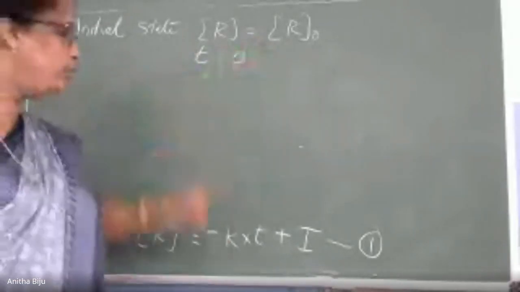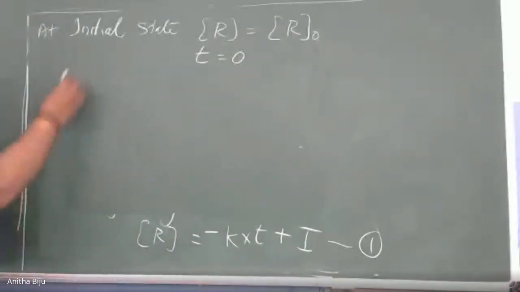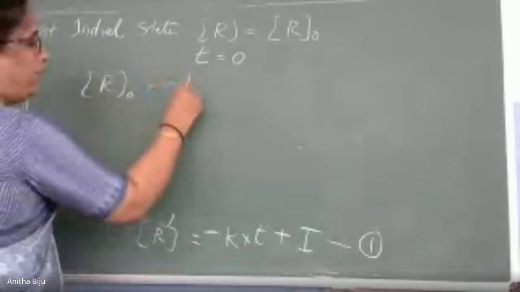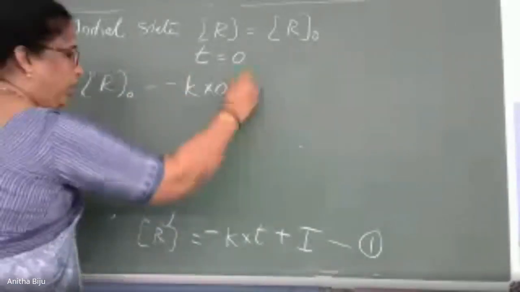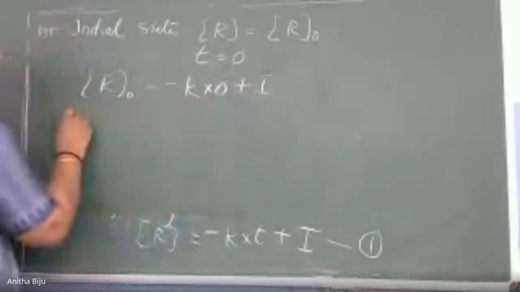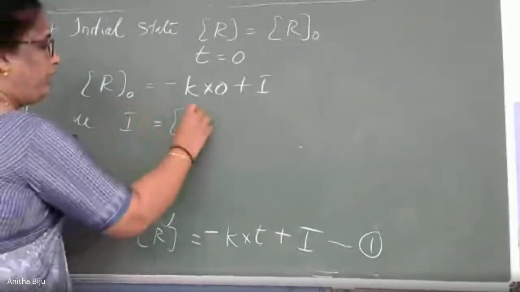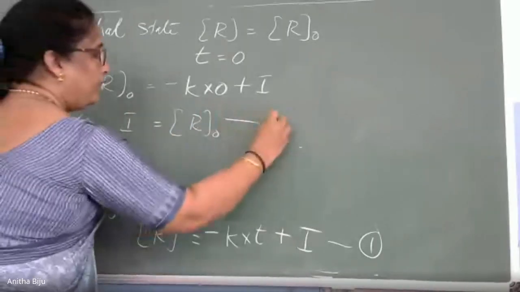Substitute these values in this equation. What do we get? R naught is equal to minus K into 0 plus I. That is, I is equal to R naught. This is equation number 2.